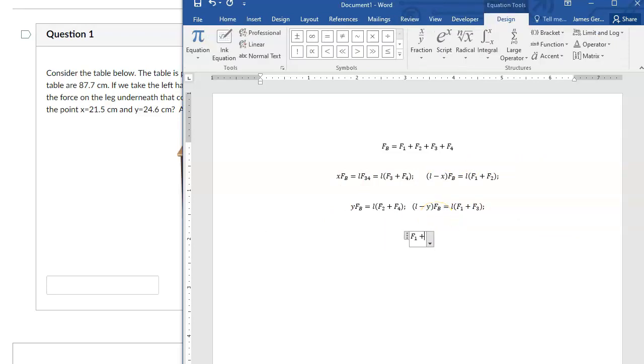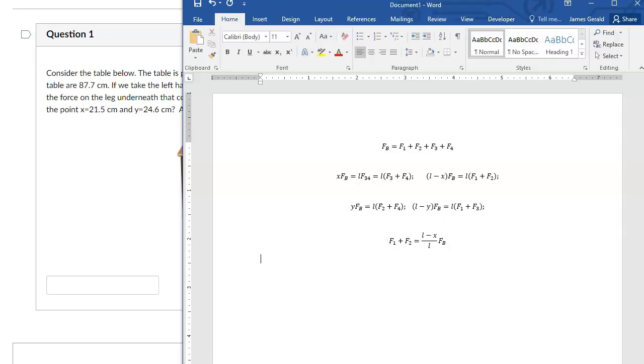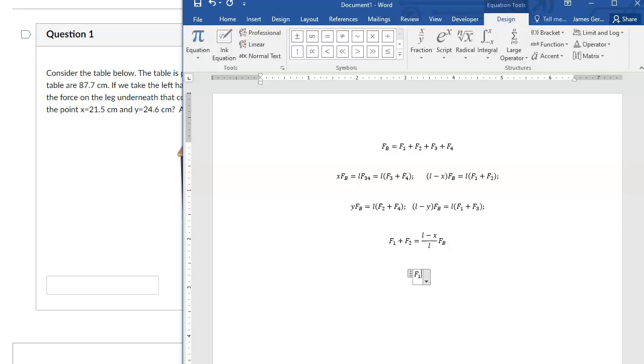So F1 plus F2, if I rearrange this, is L minus X over L onto FB. And if I go to the next one, F1 plus F3 is L minus Y over L FB.